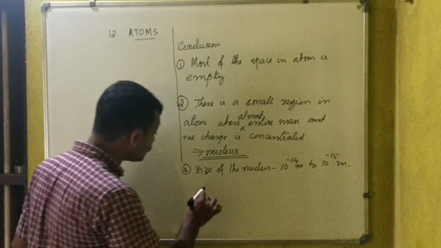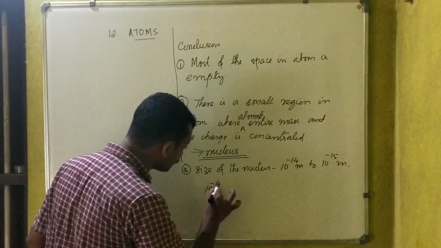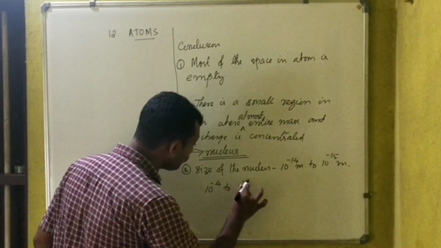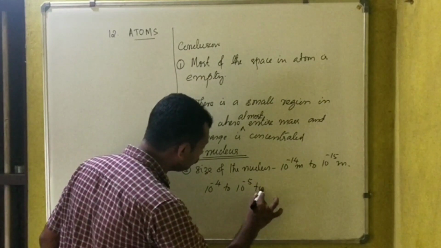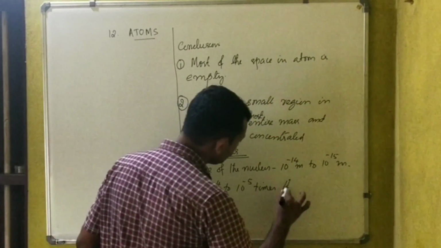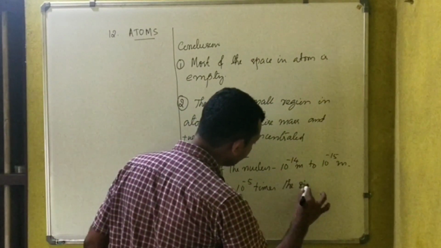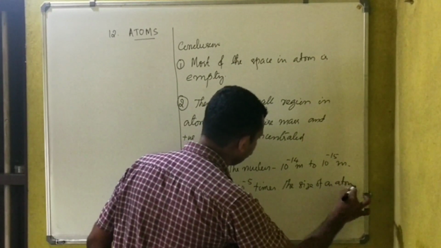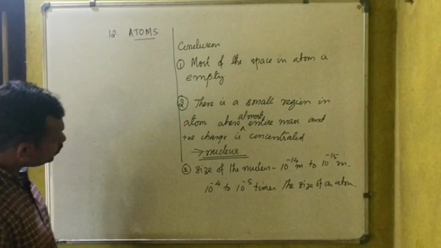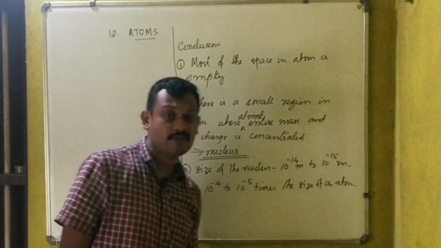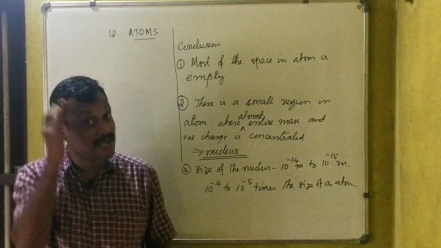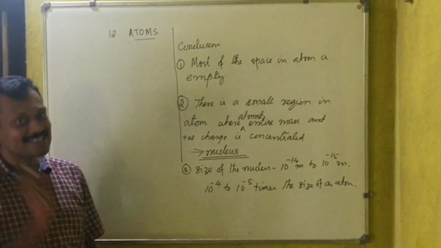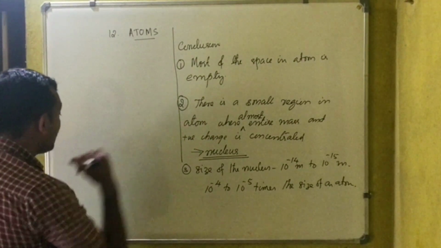This is 10 raised to minus 4 to 10 raised to minus 5 times the size of an atom. That is the size of the nucleus. Understand this clearly, this is an important point.